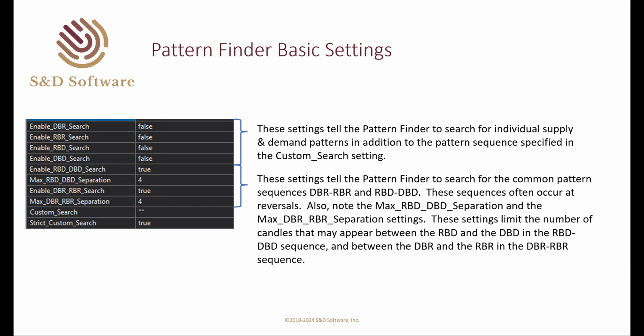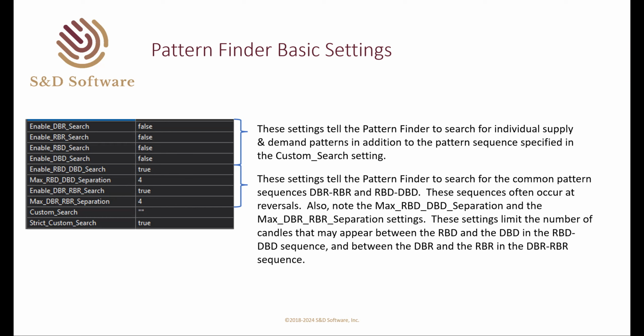The first group of settings here are all looking for a specific one of the four supply and demand patterns. So these are really shortcuts for going in and setting up a search string for just a single pattern.